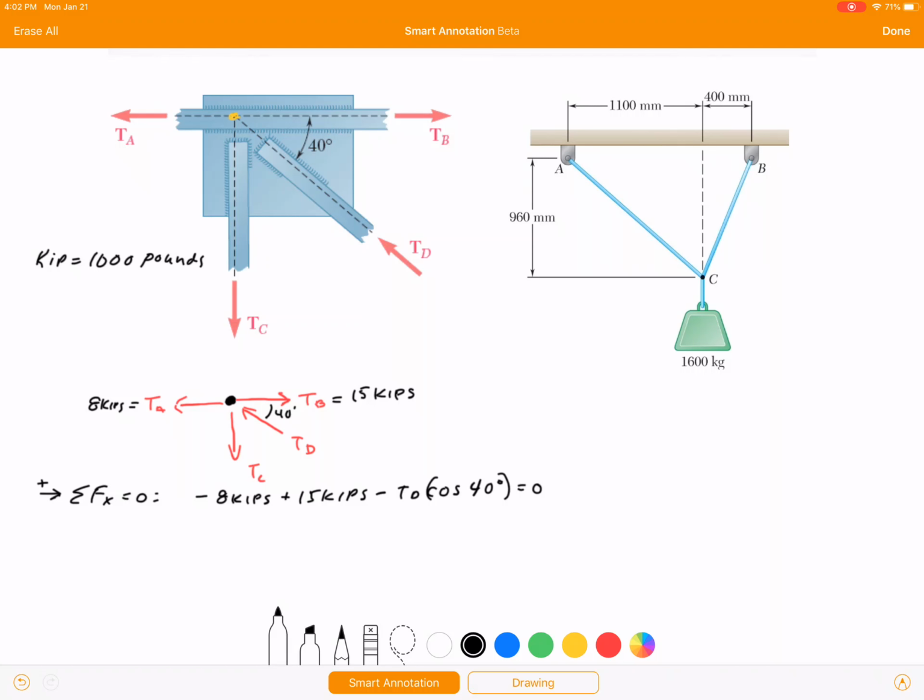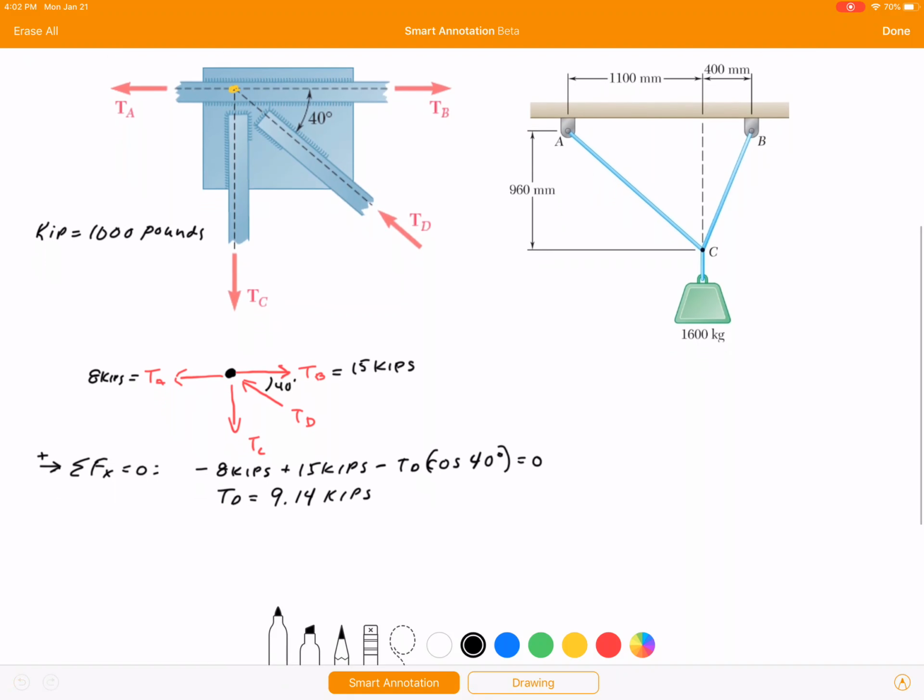So the only thing we don't know is TD here, and we can just use our calculator and our algebraic knowledge to find out that the tension in D is 9.14 kips. So there we have TD. Now we can sum forces in the y direction, equaling 0.